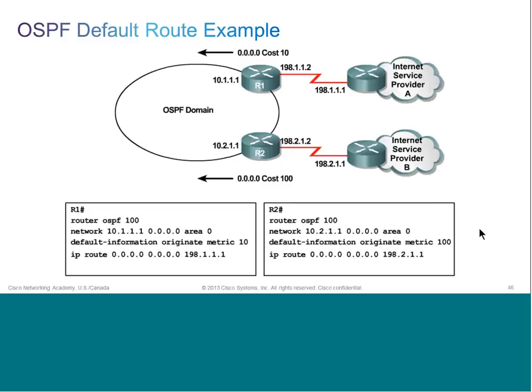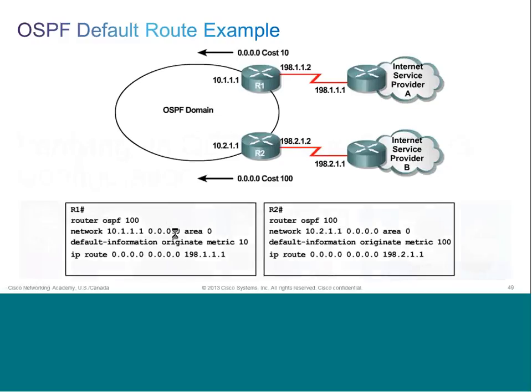Now notice that again, in this particular configuration example, one of the options for the wildcard mask in the network statement is simply 0.0.0.0.